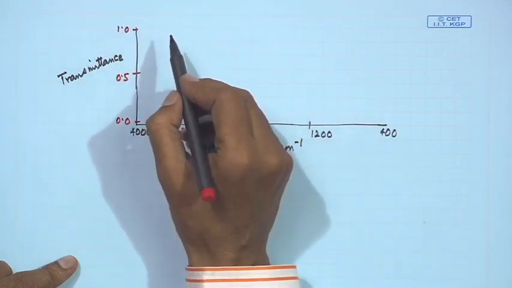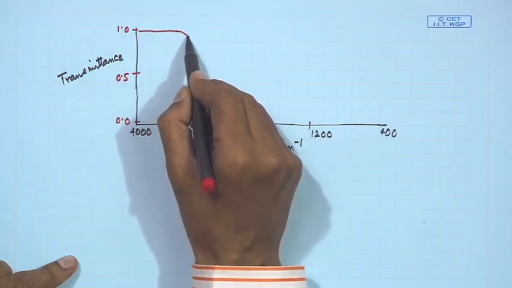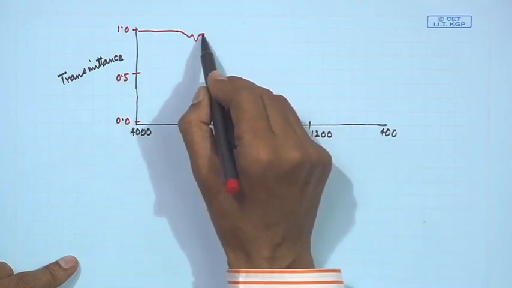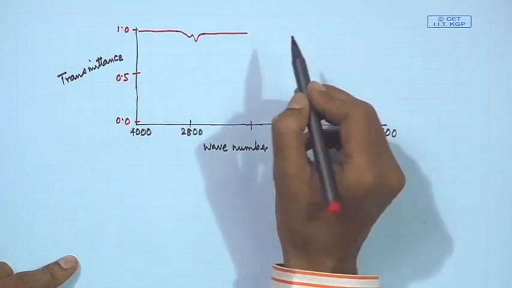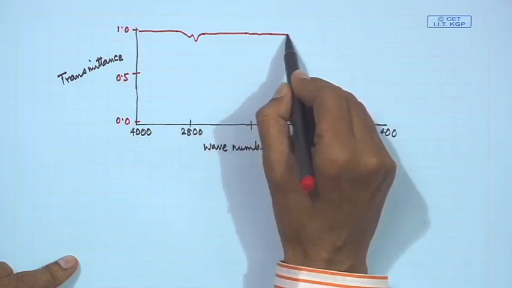So, in this particular range what we get are some small peaks at 2800, then we scan up to 1200.